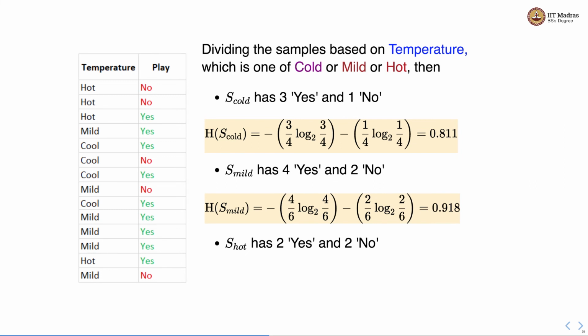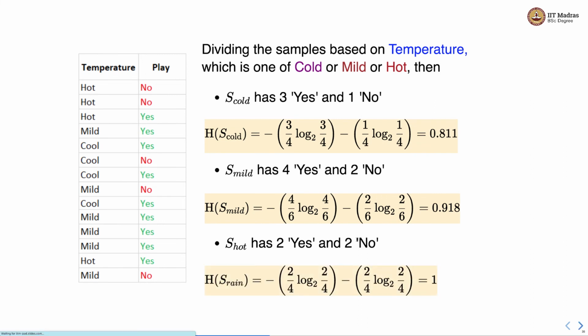Then S hot, you can check for S hot, this is yes, then there is yes over here, and for these two hot values there are no's, so it has 2 yes and 2 no's. So the entropy is 1 because the class labels are in equal proportion.